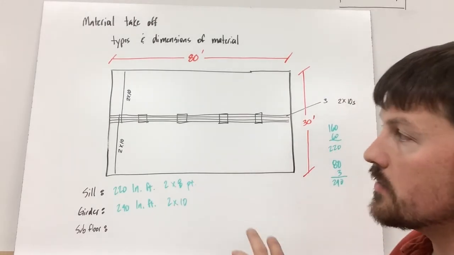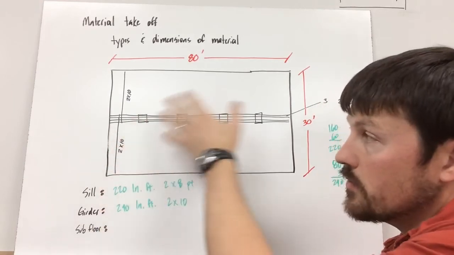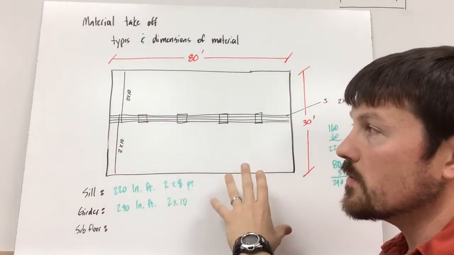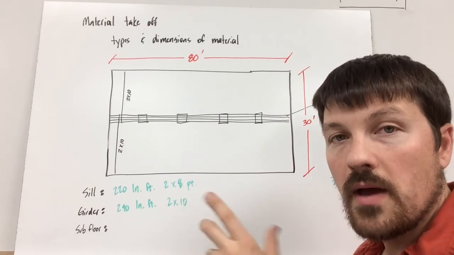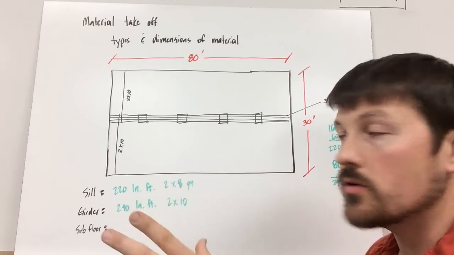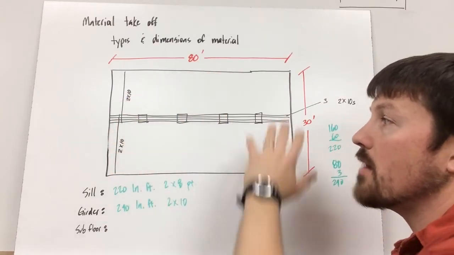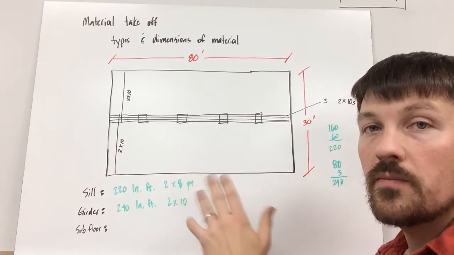Now we want to calculate how many pieces of subfloor we need to cover the floor framing assembly. We know that one piece of subfloor is 4 foot by 8 foot, so 4 times 8 is 32. So one sheet is going to cover 32 square feet. I just have to know how many square feet this whole floor framing assembly is and divide it by 32.